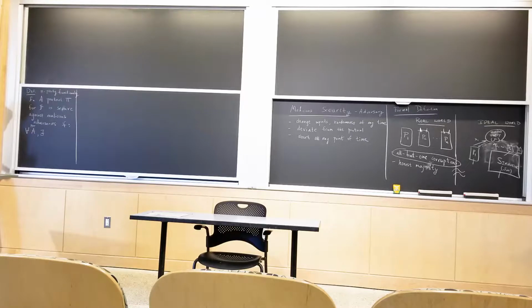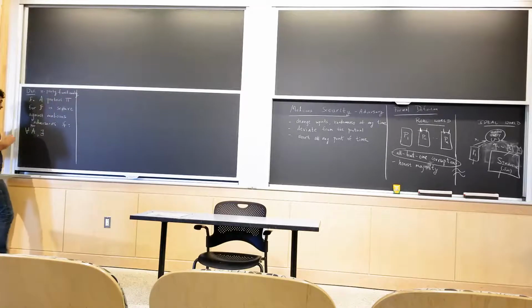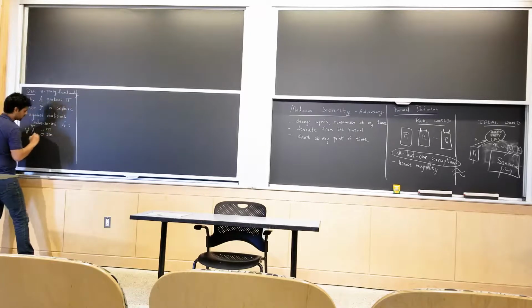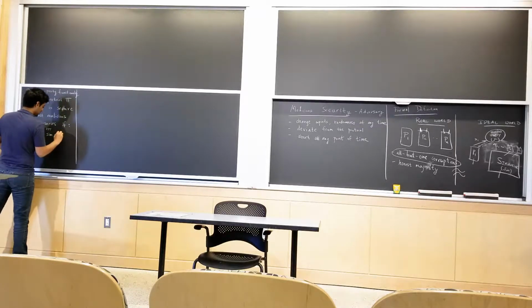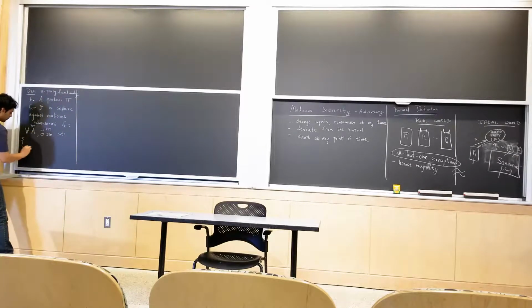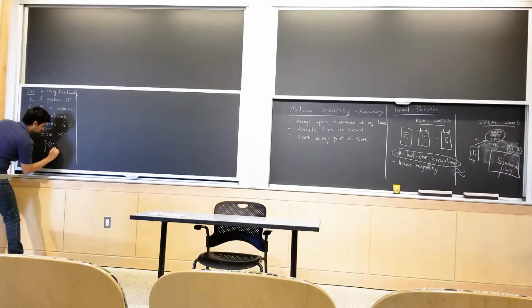You can also consider unbounded adversaries, but in my talk I'm only going to consider computationally bounded adversaries. There exists a probabilistic polynomial time simulator, denoted by sim, such that the following two distributions are indistinguishable. And I'm only going to consider computational indistinguishability.